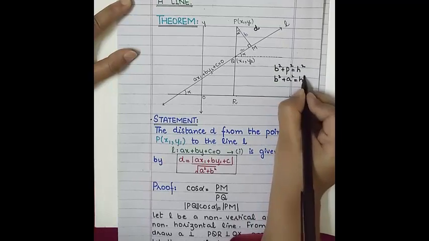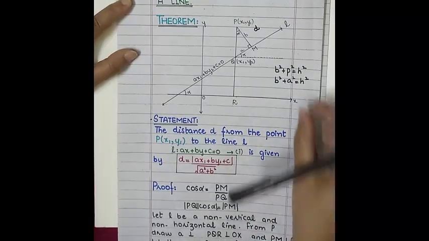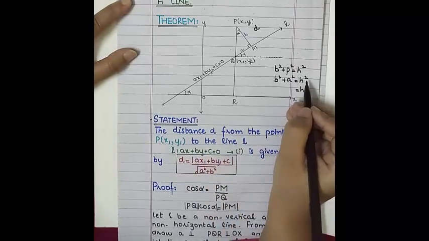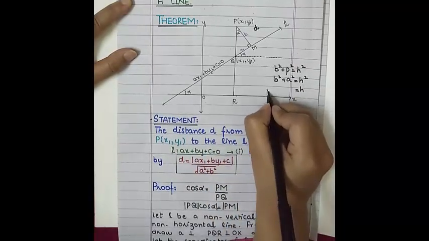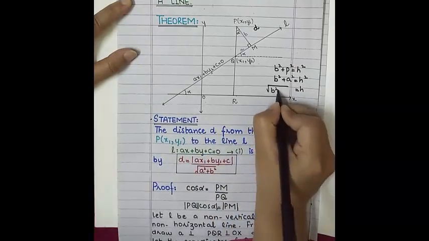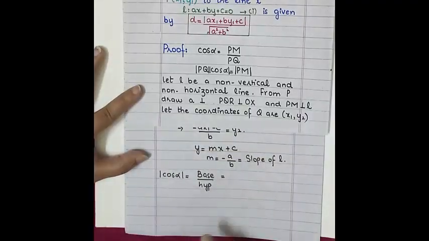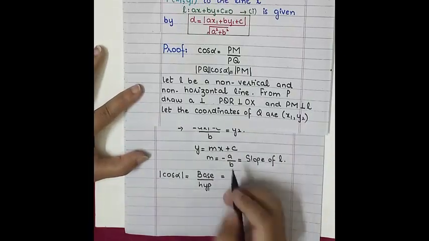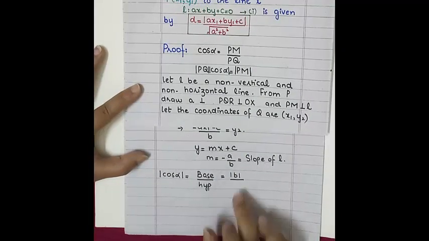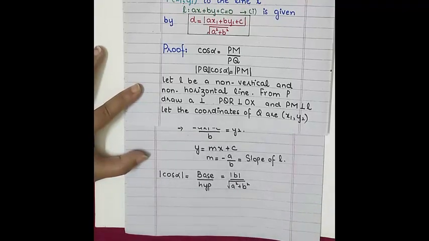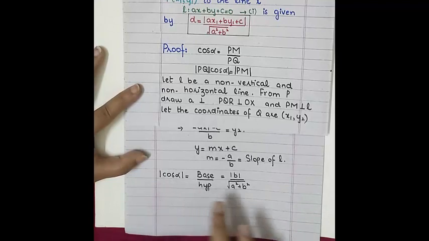To find the value of hypotenuse, taking the square root and cancelling the square with the square root, we have the square root of a square plus b square. So putting the values in the formula, cos alpha is equal to b over the square root of a square plus b square.